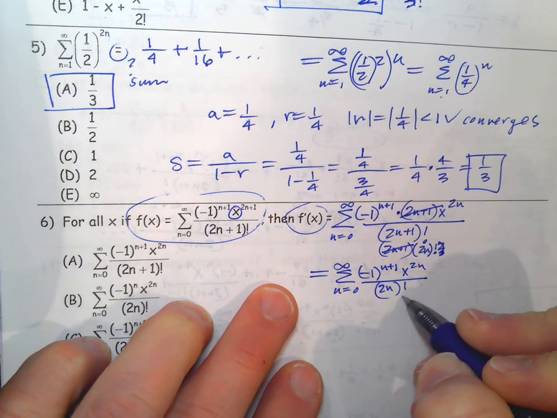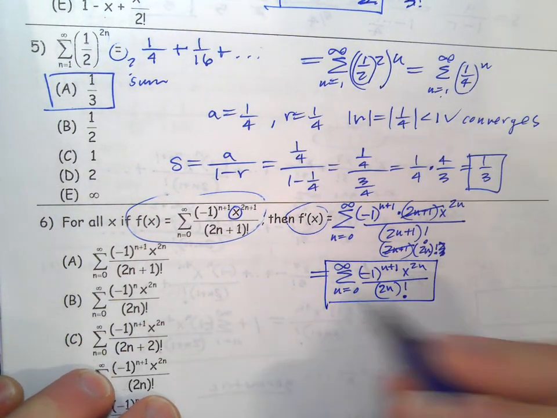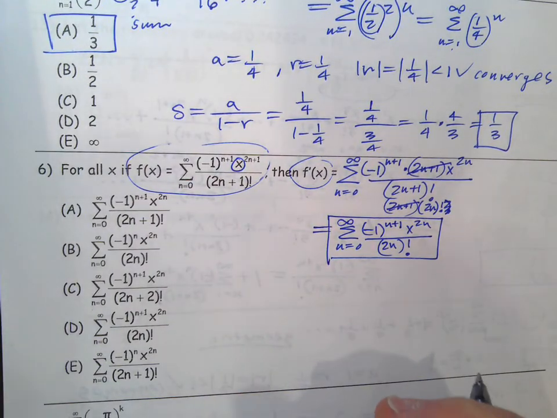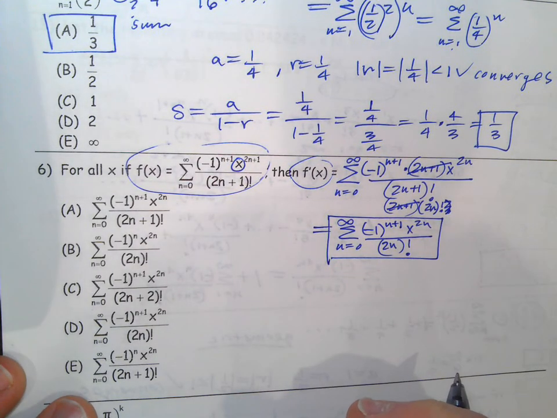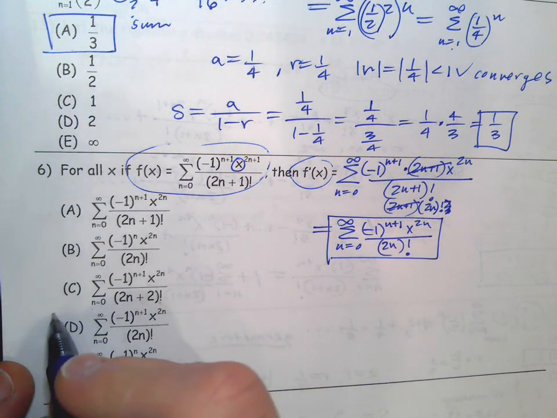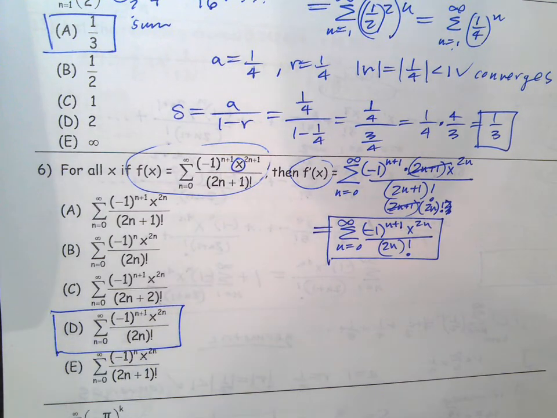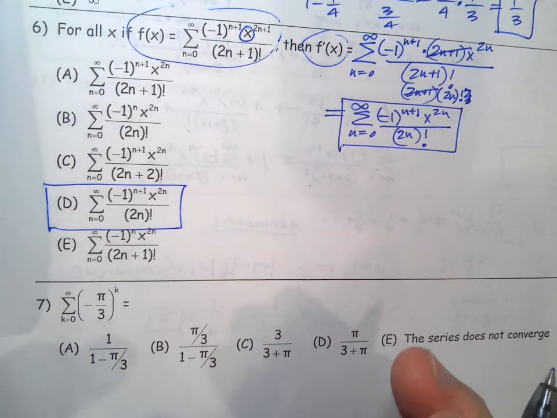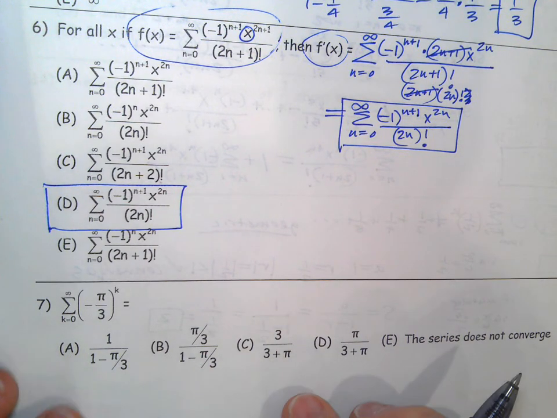You need parentheses around the 2n. Otherwise, the factorial is applied to what is directly next to it, kind of like an exponent. So we're looking for -1 to n plus 1, x to 2n, (2n)!. There it is. Okay. So you can take derivatives of the nth term in closed form and get the new closed form directly.